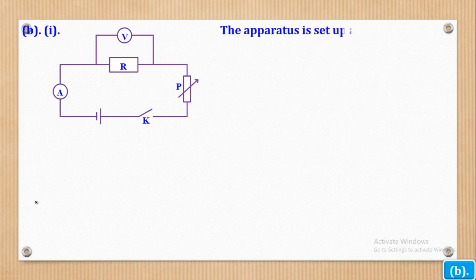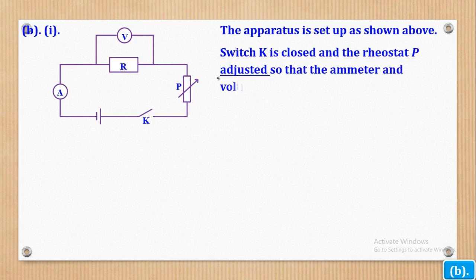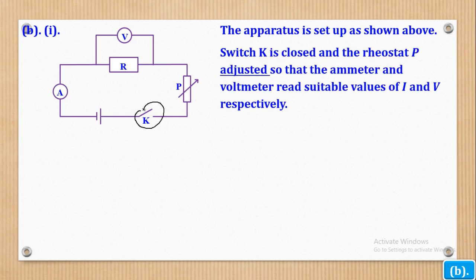So you come and say the apparatus is set up as shown above. So this is the diagram or the setup. So before anything, you have to remember to first close this switch K, because when it is not closed, the diagram does not work. So that's why you start with switch K closed.